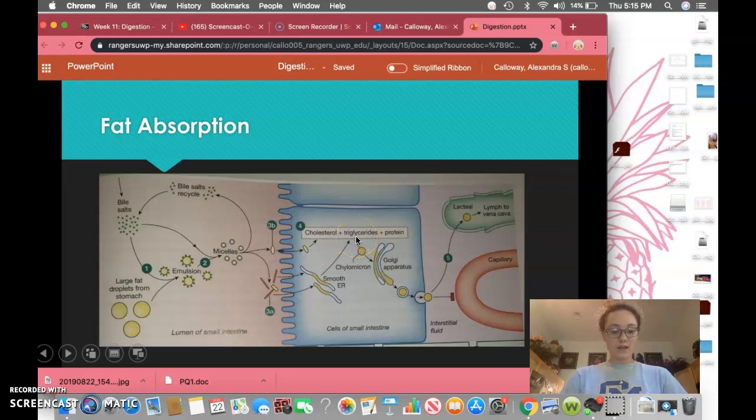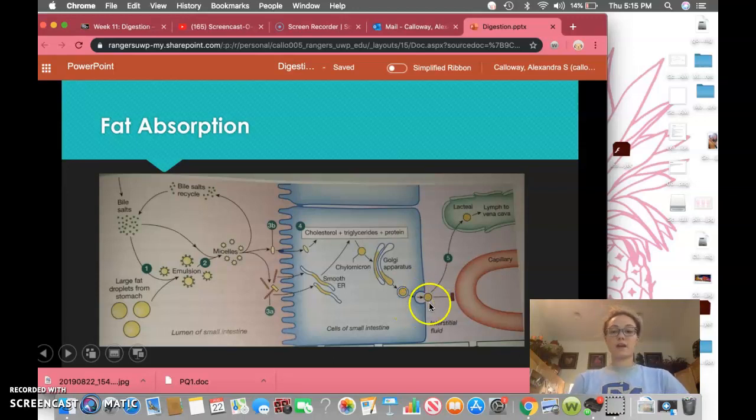And then the triglycerides actually combine with proteins and then again with the cholesterol, and they form this chylomicron. And then because of the size of the chylomicron, it can't be transported out of the cell. So it has to go within the Golgi apparatus and be packaged and whatnot, and then it will be transported. And it will leave the cell through exocytosis.